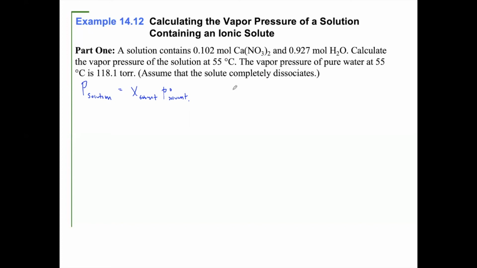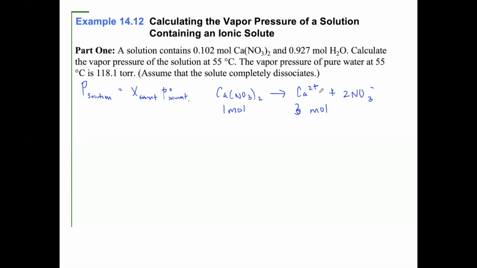What do I mean by that? Calcium nitrate dissolves into a calcium ion and 2 nitrate ions. So for every 1 mole of formula unit, you get 3 moles of ions. That means your predicted Van Hoff factor would be 3.